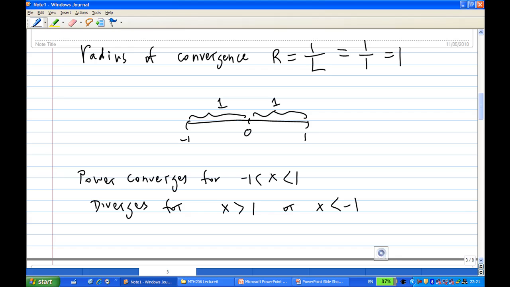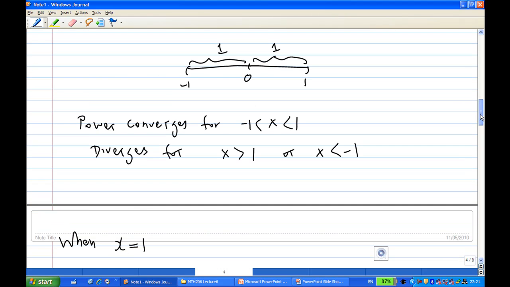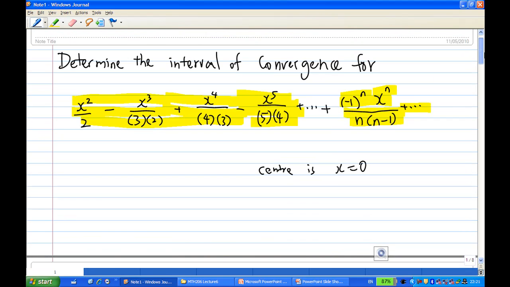Now the question we want to ask is, what about the endpoints? What about when x equal to 1 or minus 1? When x equal to 1, what will happen? Let's look at the power series again.